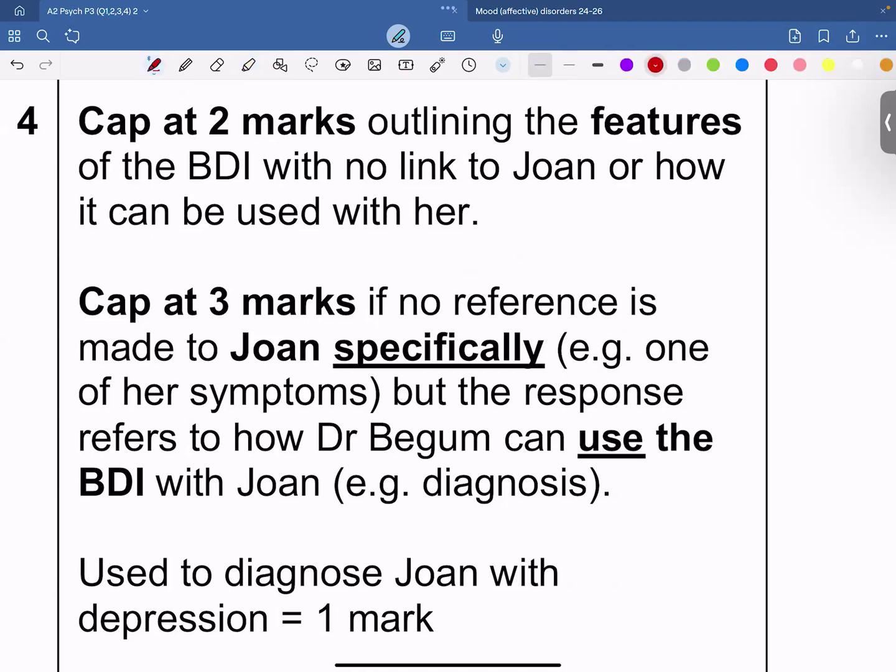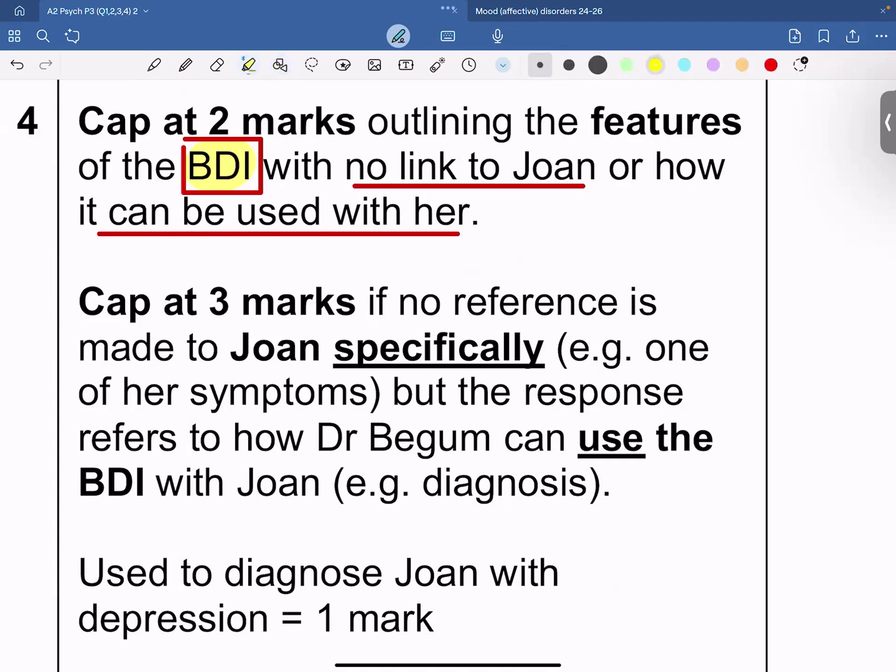So the question not only demands your knowledge on BDI, that is Beck's depression inventory, but at the same time, you should be able to apply that knowledge as well. You'd be able to demonstrate to the examiner that you're capable of applying this knowledge by forming a link with the situation that has been put in front of you and actually putting this to use to help Joan, the patient.